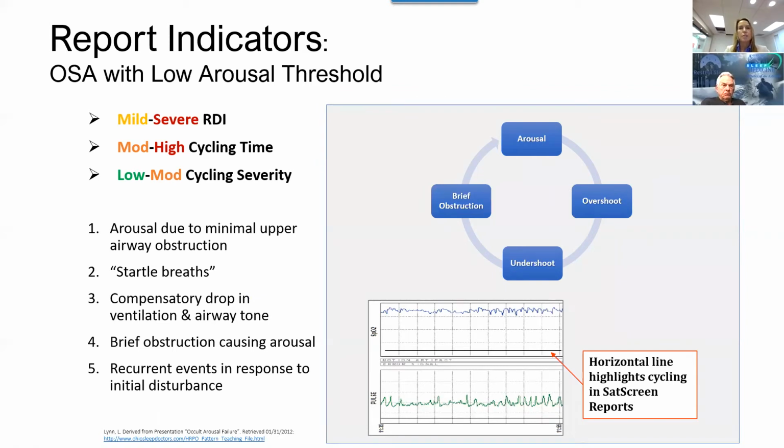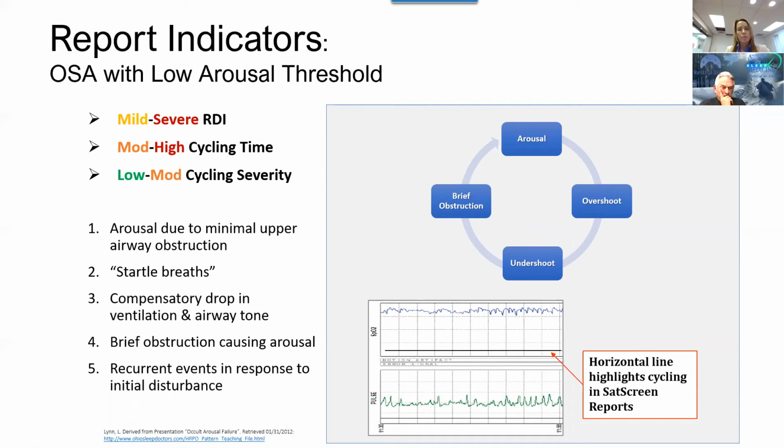So they start to have a desaturation and they overcompensate, take this big, deep compensatory breath, and that actually represses their respiratory drive again and causes them to go into one event after another.